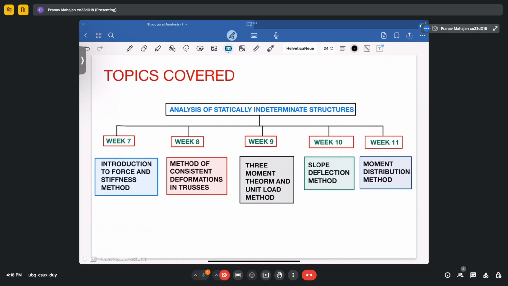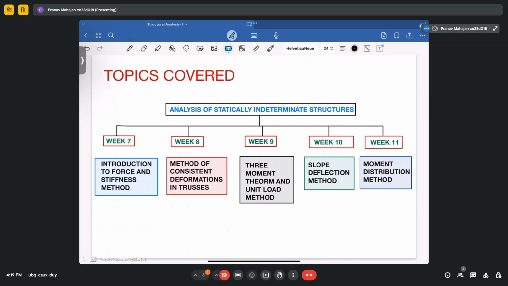After making the structure determinate, we analyze the structure and we again made the structure redundant and check how the forces are there in the member, and then based upon the values that we have derived, we solve the problems as a determinate structure. In week 9, we have moved to the continuous beam.